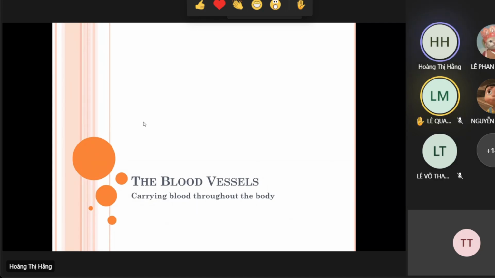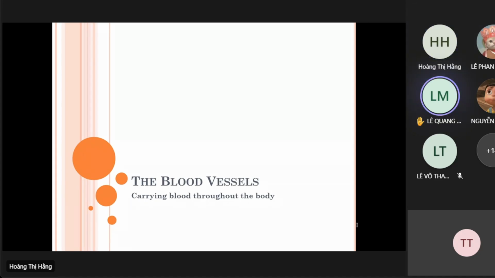Quang Minh. Quang Minh hôm nay được 2 cộng rồi đó nha Minh. Teacher, yeah, listening. Throughout the lesson, we have learned 3 types of vessels. The first one is artery, the second one is capillary, and the last one is vein. Good. Can you tell me how different they are?